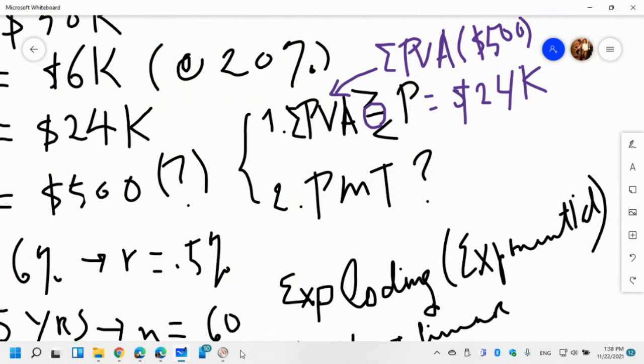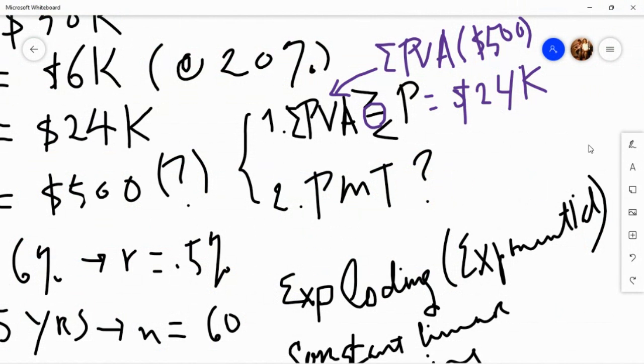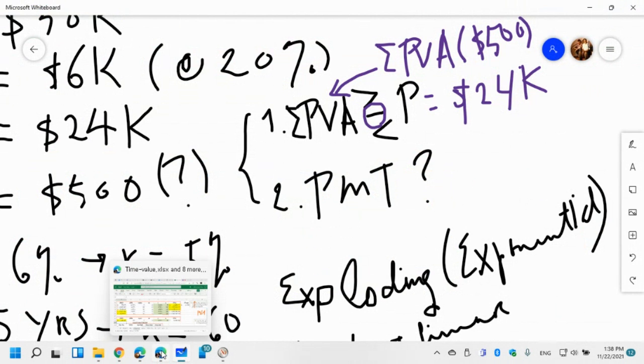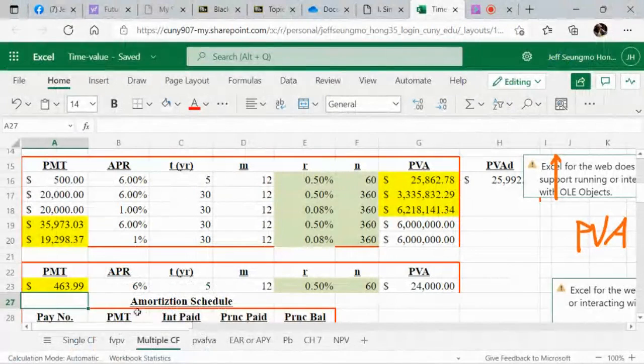Think about it. Every monthly payment, 464, is already comprised of principal and interest, right?